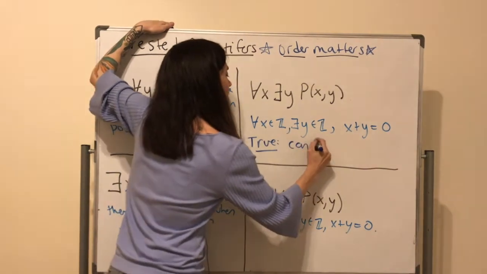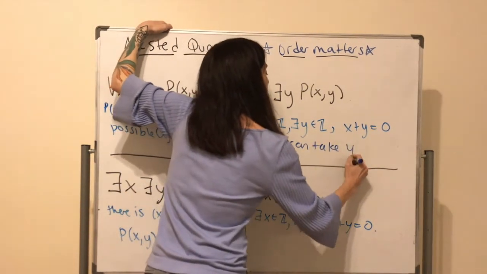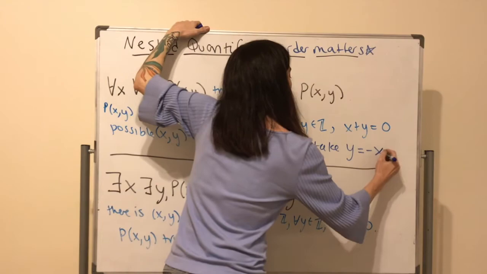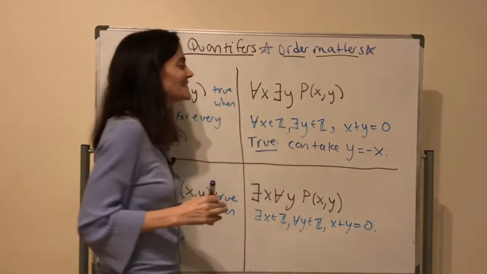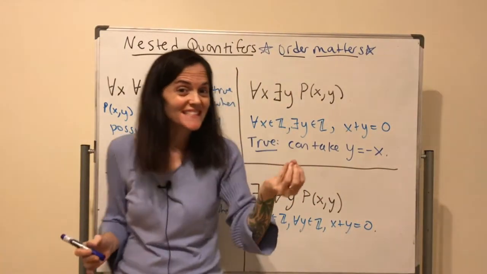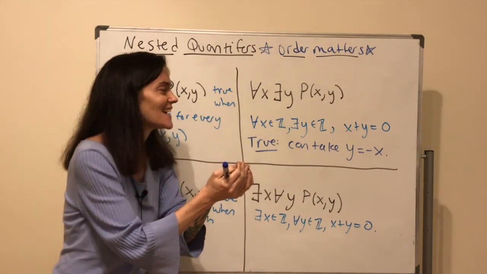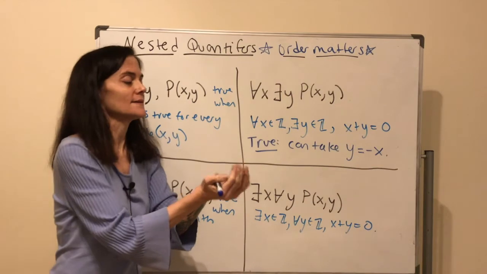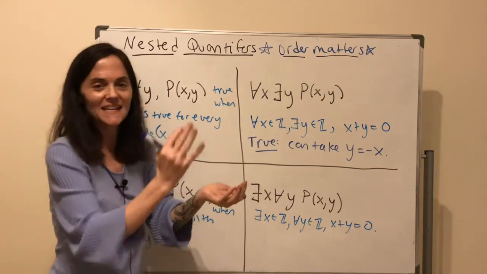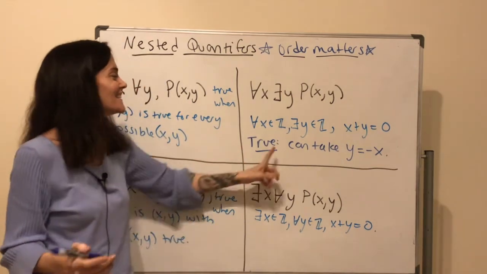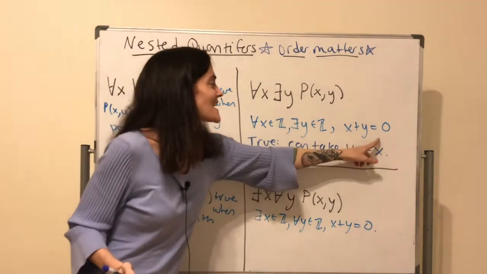You can take y as minus x, right? You were handed x first. So you have it in your hands, and I say now find a y such that x plus y is 0. Well, you have x. Just take minus x and you're good, right? x plus minus x is 0.